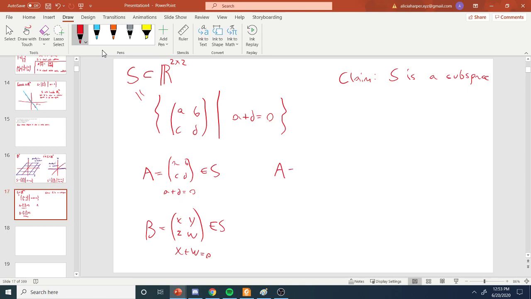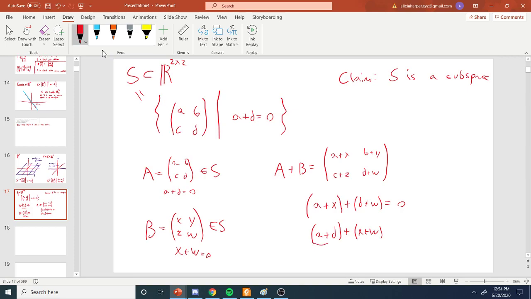So I look at A plus B. Well, this will be the matrix A plus X, B plus Y, C plus Z, and D plus W. And what I have to verify is that after adding these 2 matrices together, this condition still holds. So I have to check that A plus X plus D plus W is equal to 0. Well, this is the same thing as A plus D plus X plus W.